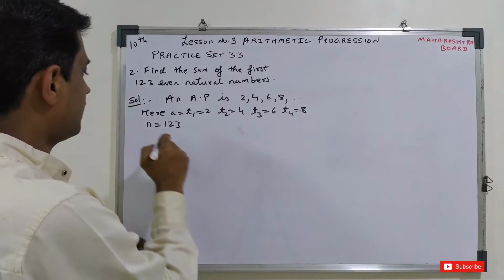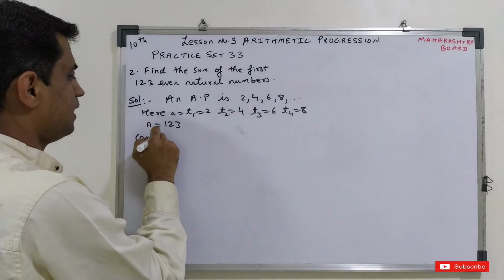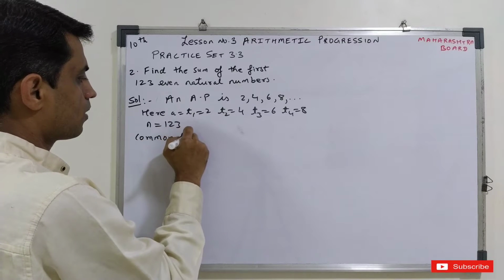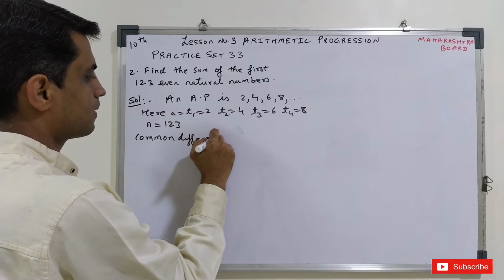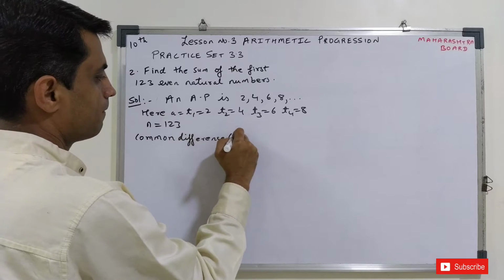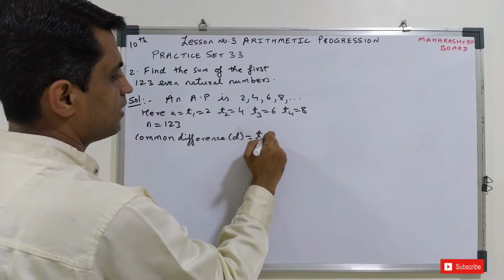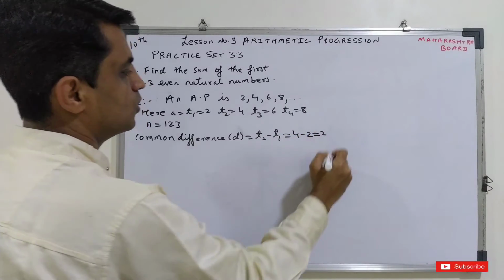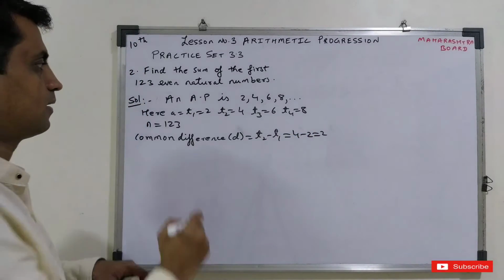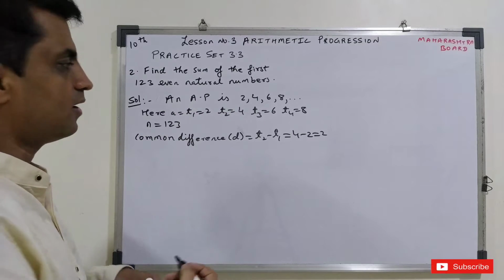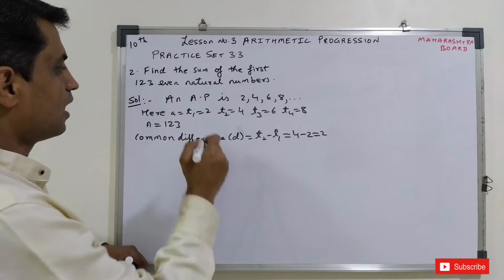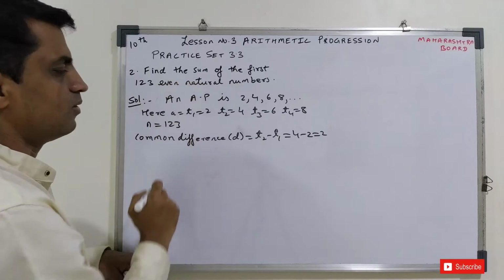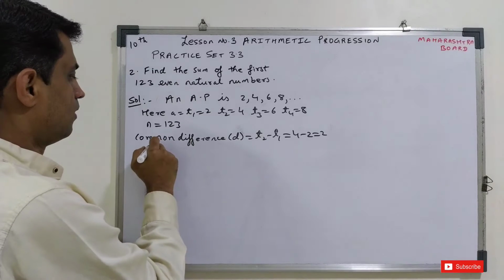Clear? Okay, common difference d. d is equal to what? T2 minus T1, that is 4 minus 2, 2. So the common difference we got. It is an AP already given, we know it. So now what is the main formula to find the sum?